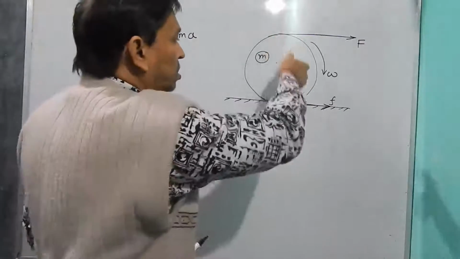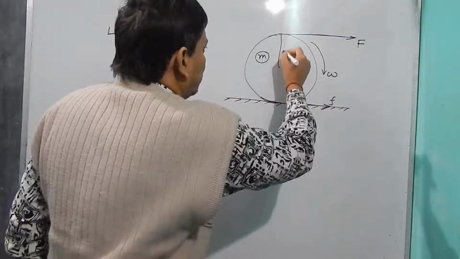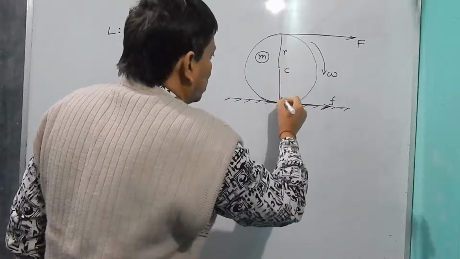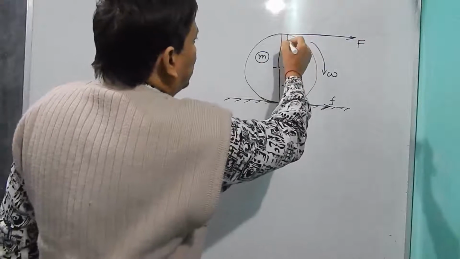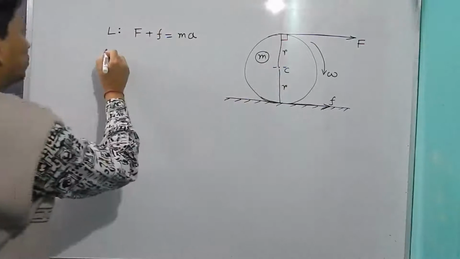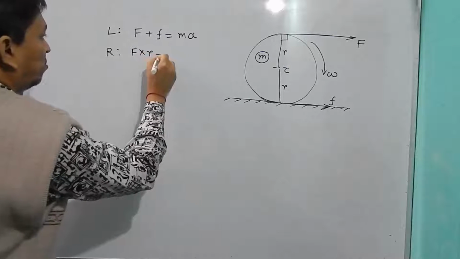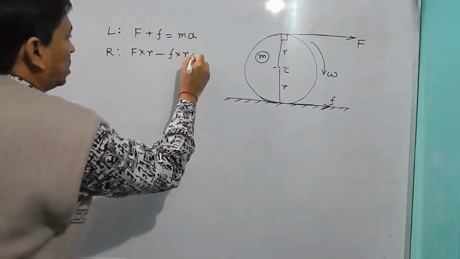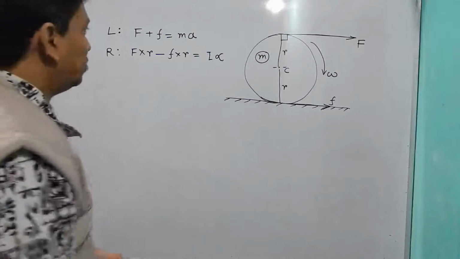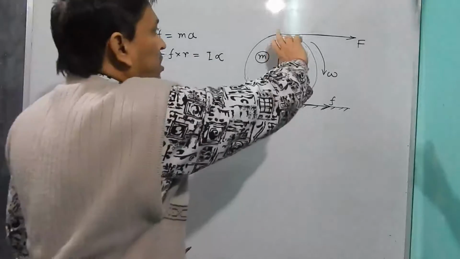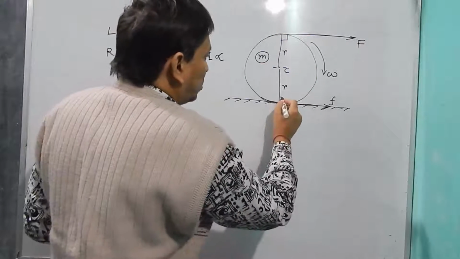That means these two torques are in different directions. If this is R, then this is also R. So for rotational motion or rolling motion, F into R minus small f into R is equal to torque, that is I into alpha. We have taken minus because this torque is clockwise and this torque is anti-clockwise.